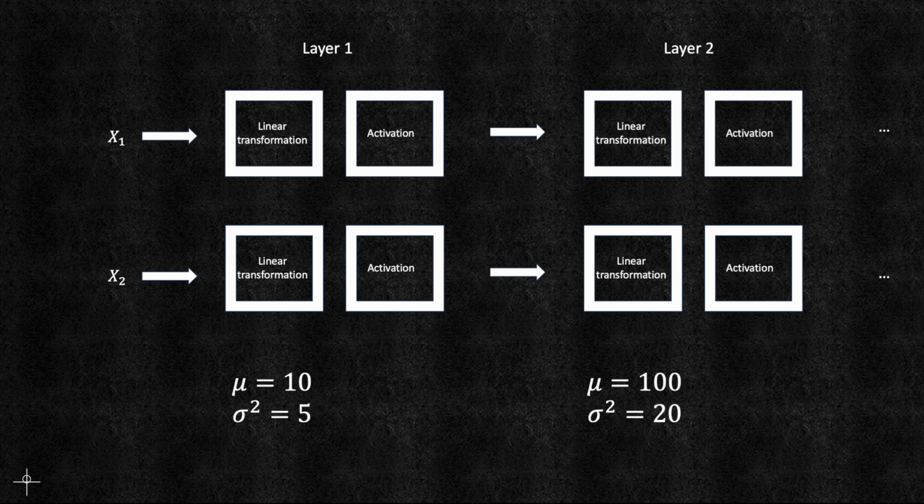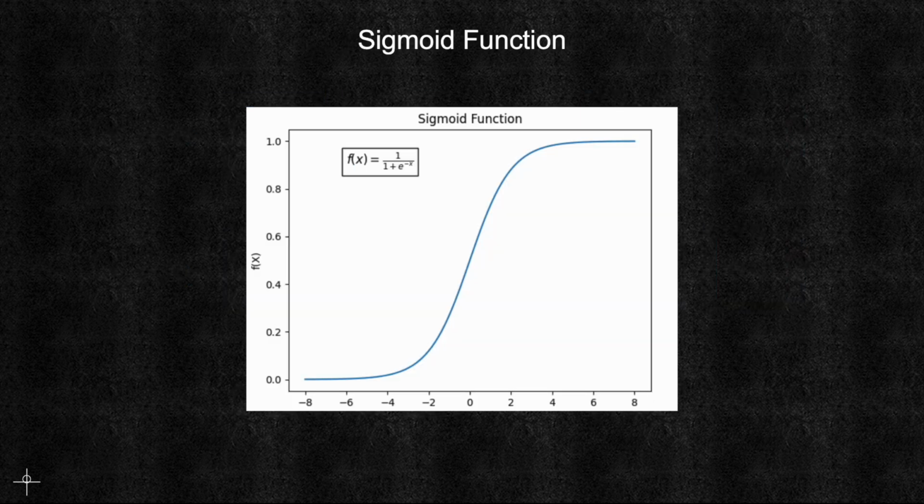When we use a sigmoid function as an activation function, as you can see, when the input values become larger or smaller, the derivative of the sigmoid function tends to 0. This is also called saturating of sigmoid function.